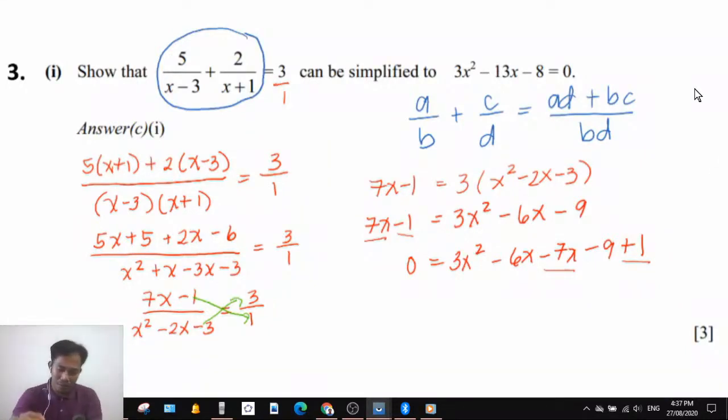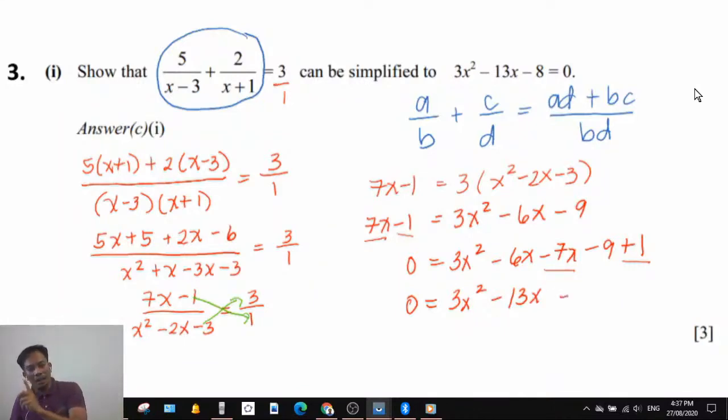So it will now become 0 equals 3x squared minus 13x minus 8, shown. So that is how you show how to make a certain fractional form, addition of fractional form equals to a whole number. You simplify it and make it a quadratic equation.